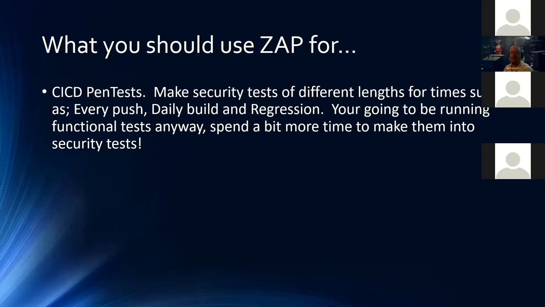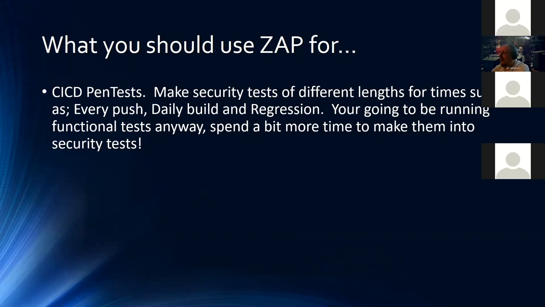As you have your continuous integration, continuous delivery, your pushes, your daily builds, regressions, whatever you're doing, you're going to be running your functional tests a lot lately. And this gives you an option to, for just a little bit more overhead, get some security checks when you're running them. So you can find these issues early and correct them as soon as possible.